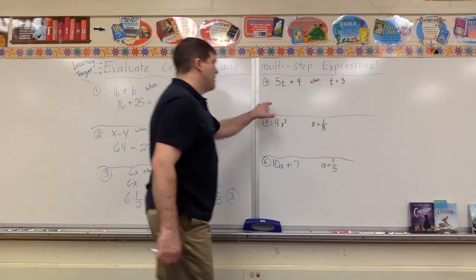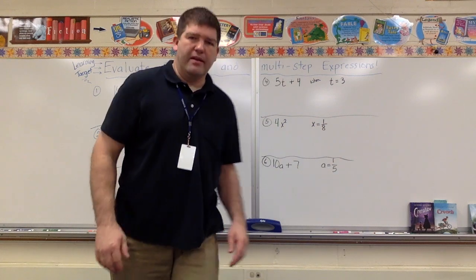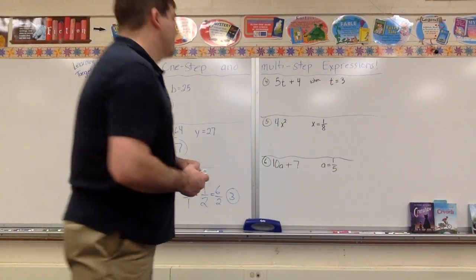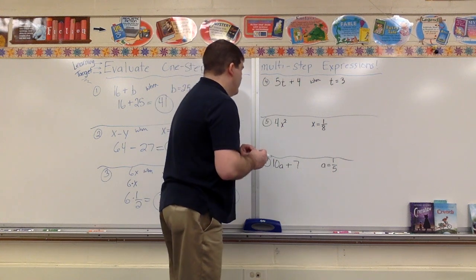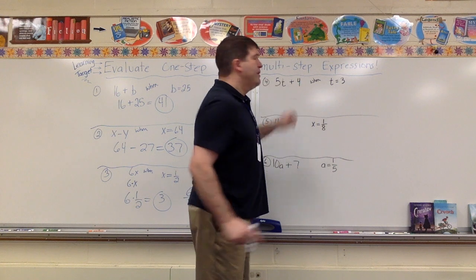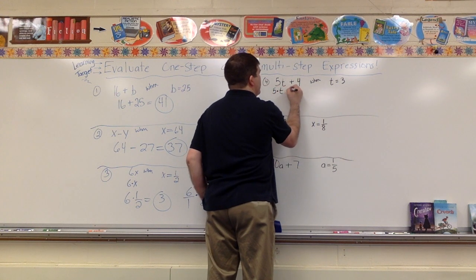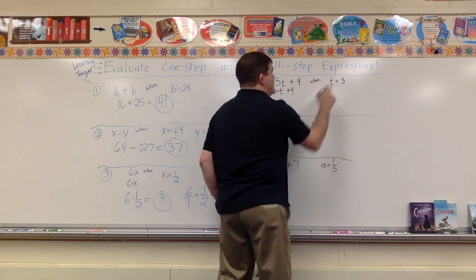Let's go to some multi-step ones, okay, that there's more than one operation happening. So we'll start with this first one. 5t plus 4. I know that it's going to be 5 times t plus 4 when t equals 3.